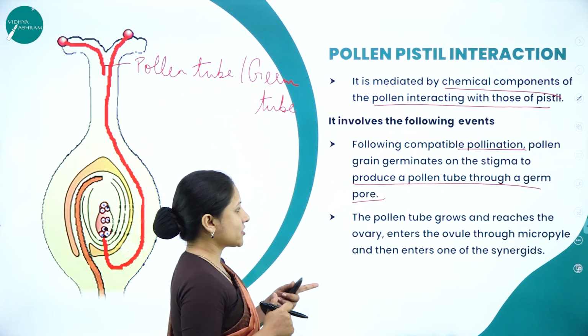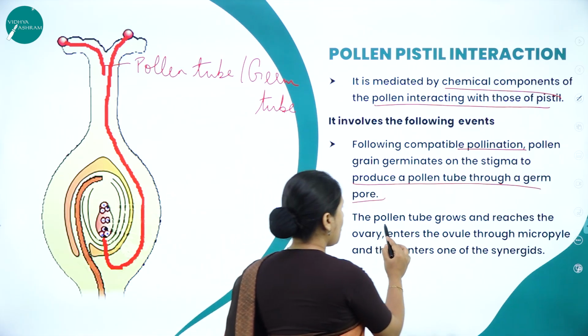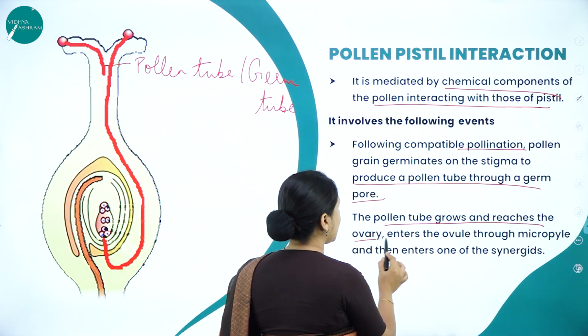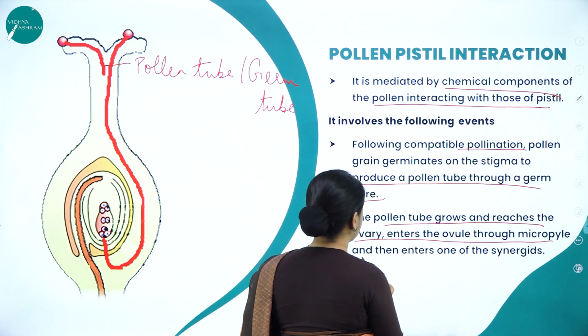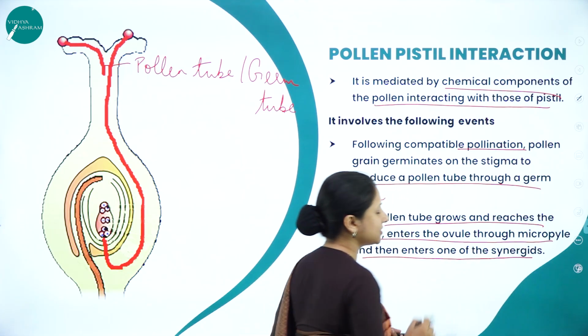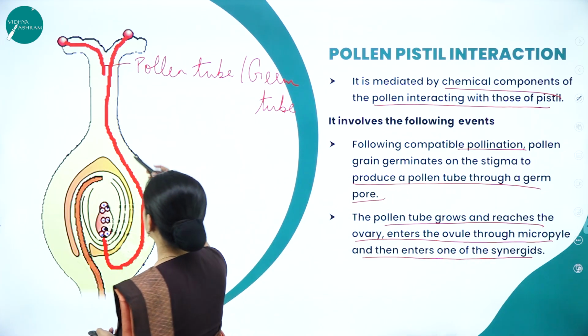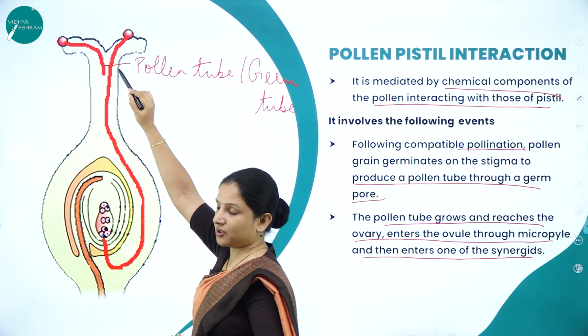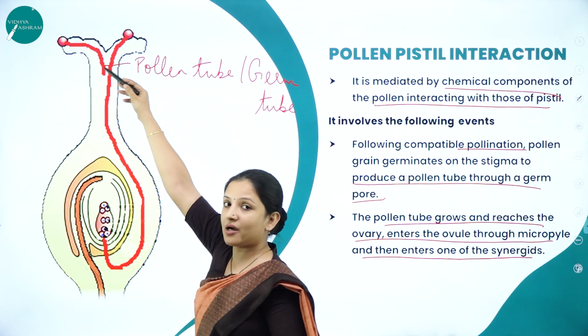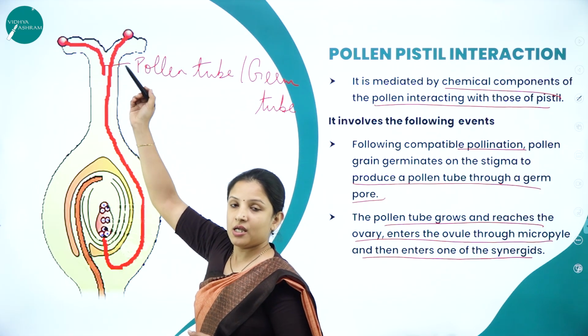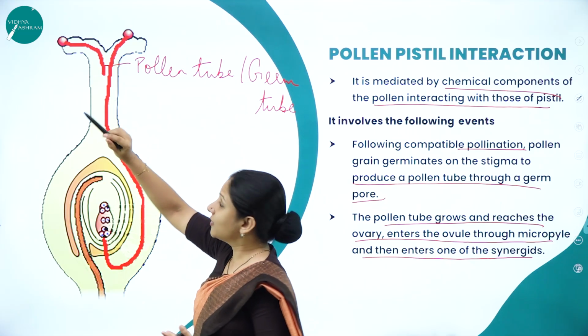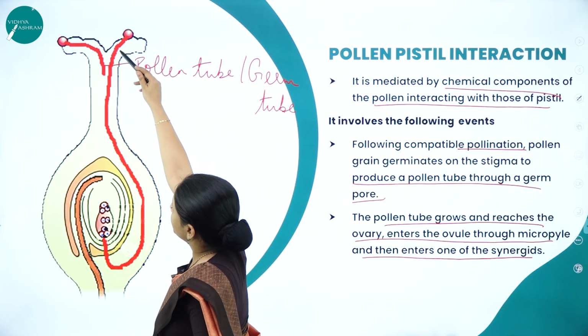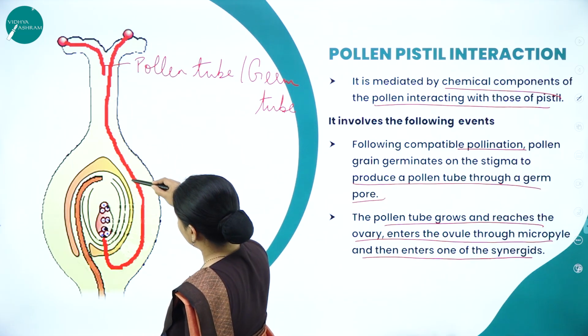And the second interaction is that the pollen tube grows and reaches the ovary. It enters the ovule through the micropyle and then enters one of the synergids. Now, if the pollen grains and the stigma are compatible with each other, if they are on good terms, then the pollen grain will germinate and produce its pollen tube.